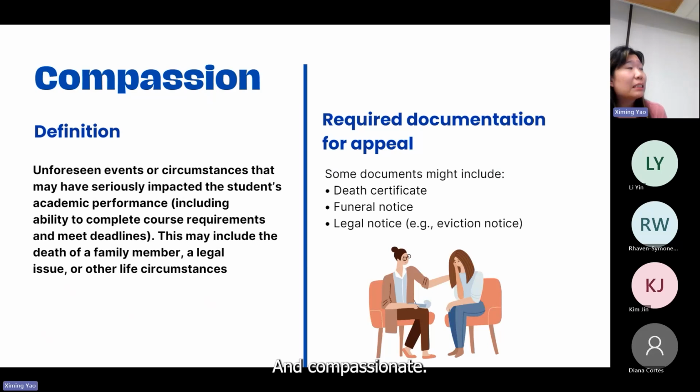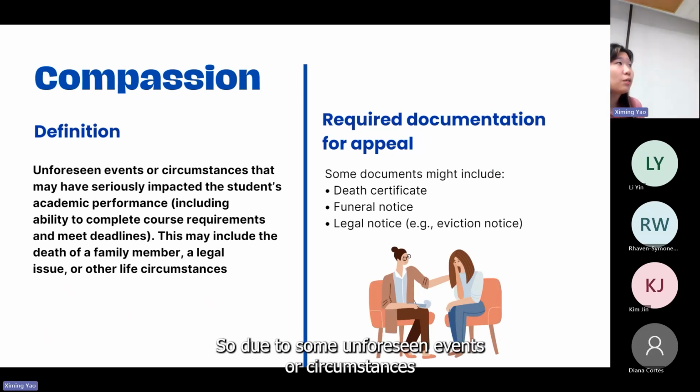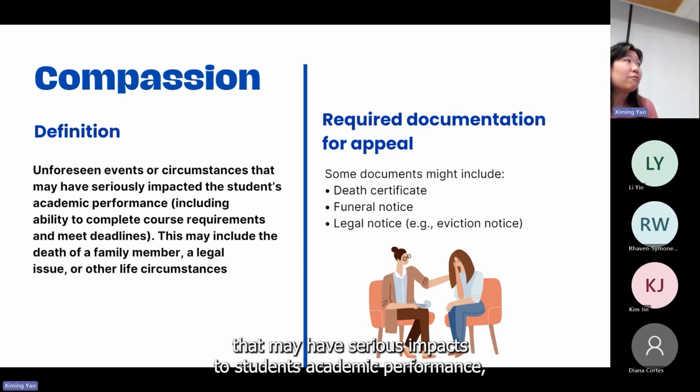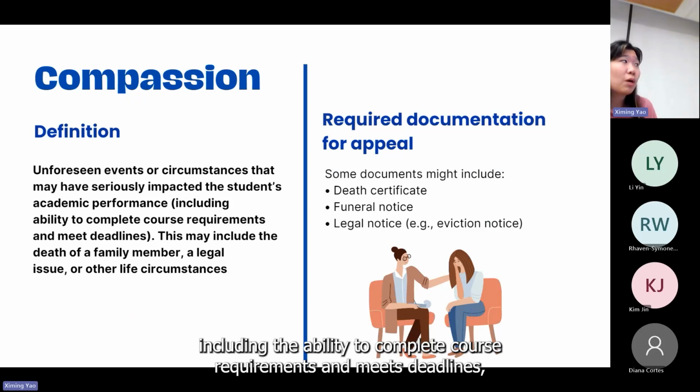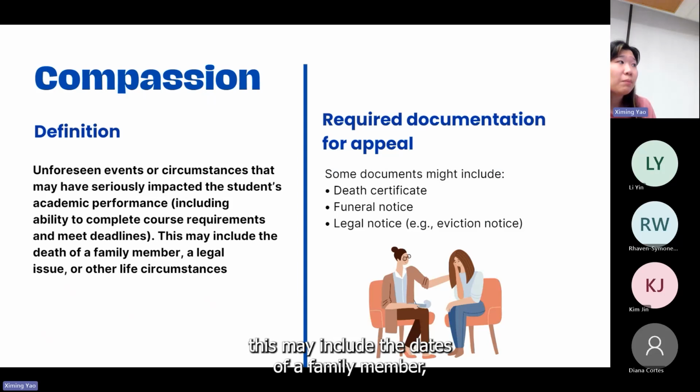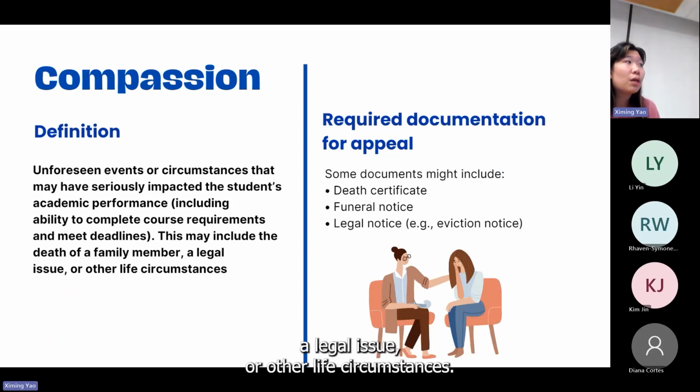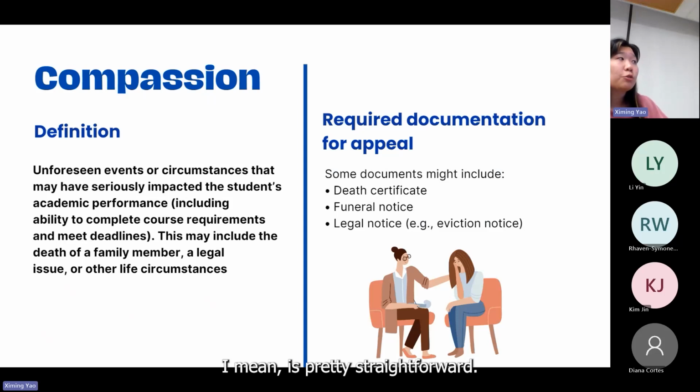And compassionate grounds. These are due to unforeseen events or circumstances that may have serious impacts on students' academic performance, including the ability to complete course requirements and meet deadlines. This may include the death of a family member, a legal issue, or other life circumstances. It's pretty straightforward.